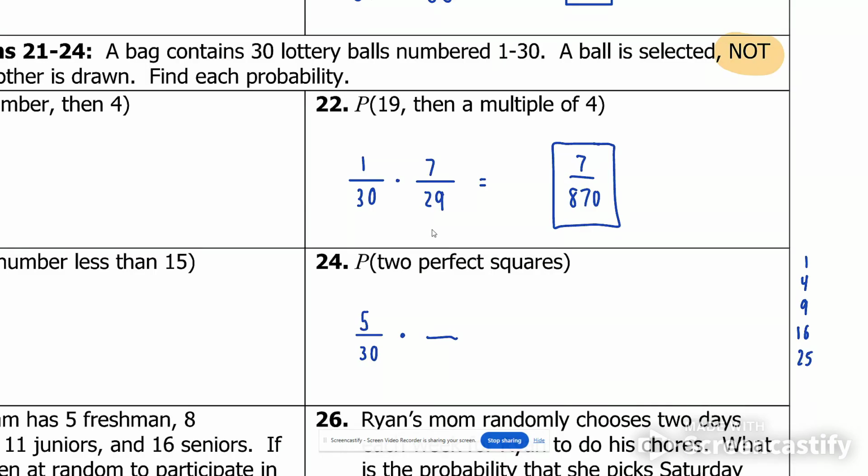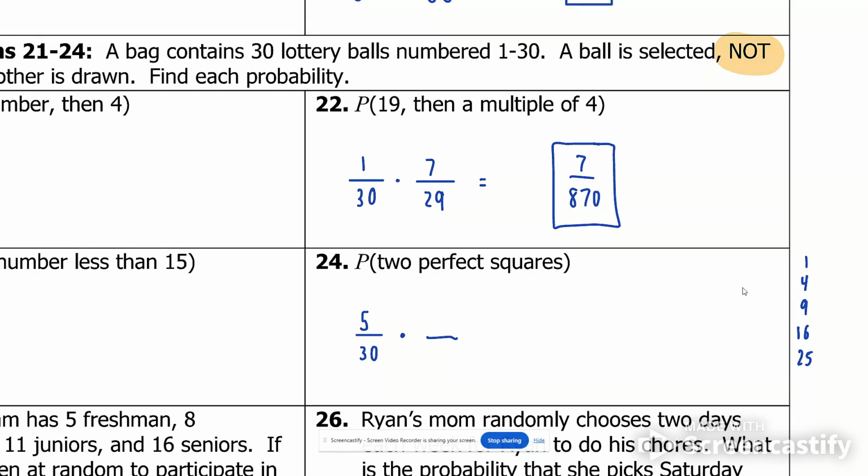Now, here's where not only does it affect my bottom number. See, you're not replacing it. You happen to have picked out one of these. Let's say you picked out the 9. It's gone. You had a 5 out of 30 chance of picking that out. It's pretty small odds, but it's gone now.